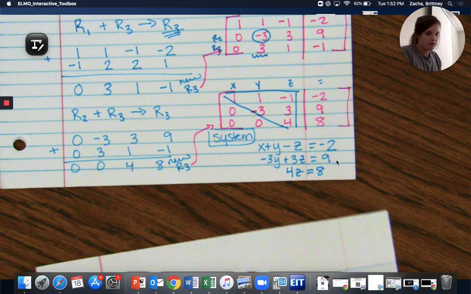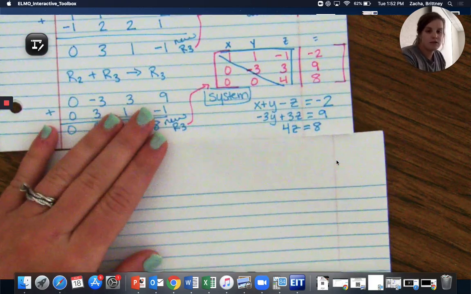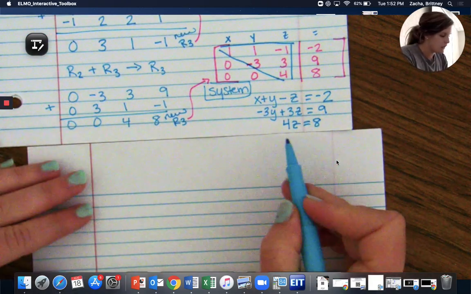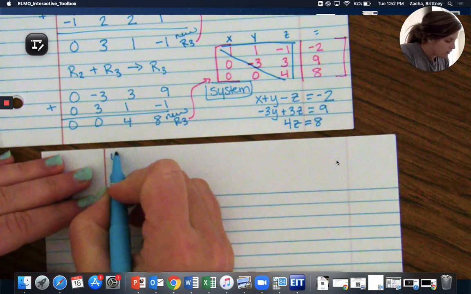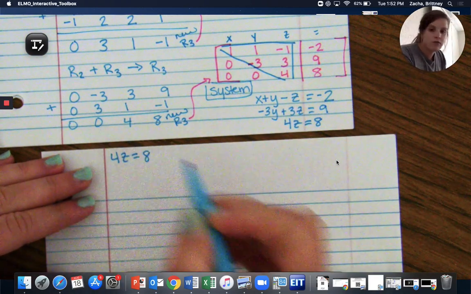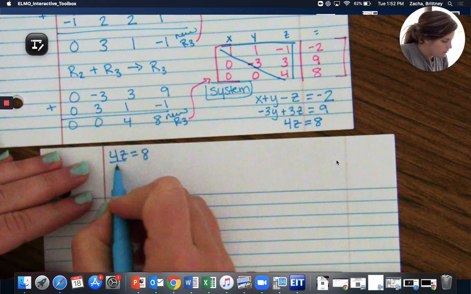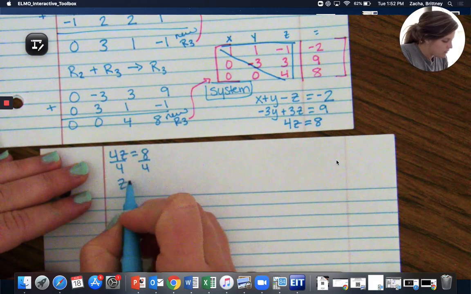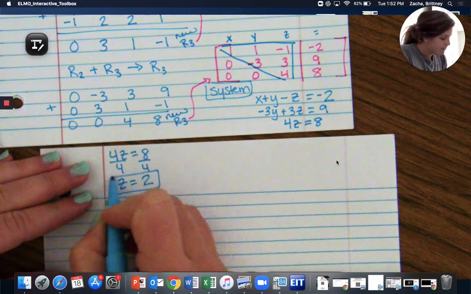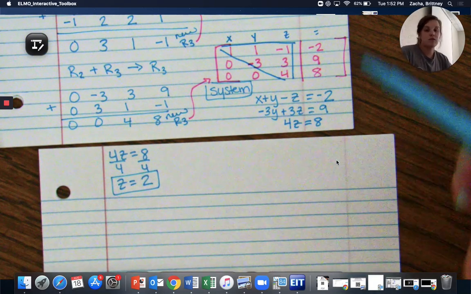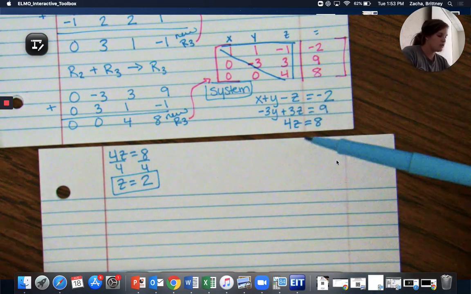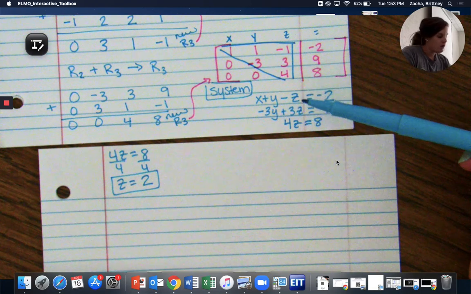Now, hopefully, and I bet some of you are already doing this, you're seeing that 4z equals 8, you can come down and automatically solve for z, right? Divide by 4, divide by 4, so now we know our z coordinate is 2. And that's why putting this into this form makes it super easy, because now you can just do substitution up the ladder, because now you know what z is.